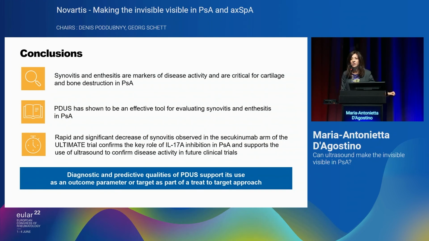Power Doppler ultrasound is an objective and easy tool to evaluate synovitis and enthesitis response, and we were able to demonstrate that secukinumab was really rapid and effective, starting from the first week, supporting the use of this drug in the pathway of synovitis in PsA, and the use of ultrasound for monitoring this. Thank you very much.